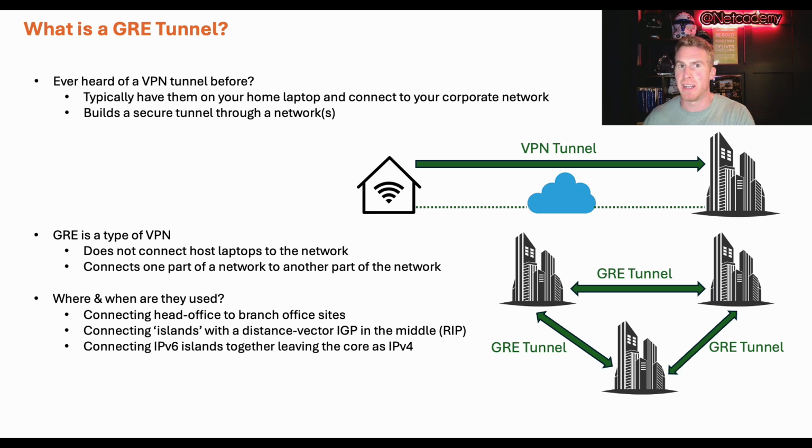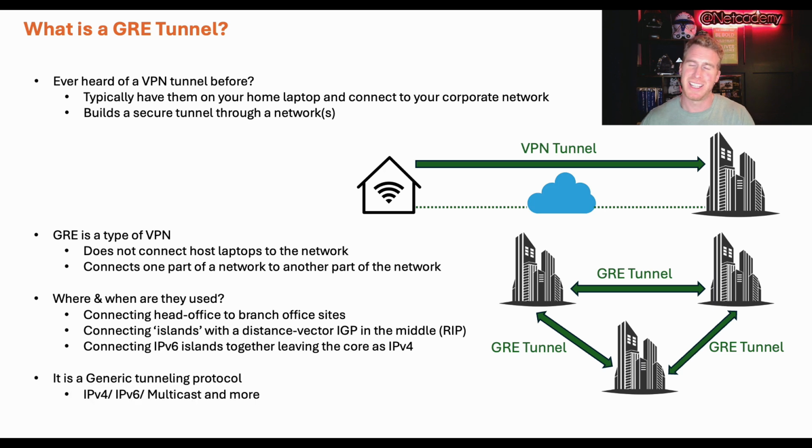Because it's generic, it doesn't really care what it's encapsulating. It could be IPv4, it could be IPv6, it could be multicast, and as far as I know, pretty much anything else. It's generic encapsulation. So, coming back to this example, it allows those two routers, which are using IPv6, to build that GRE tunnel over the IPv4 core network.